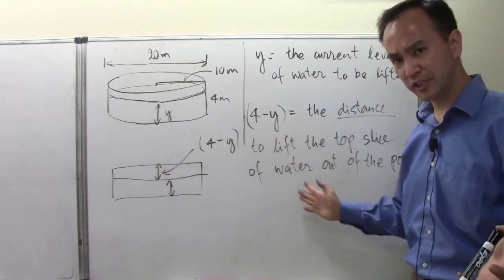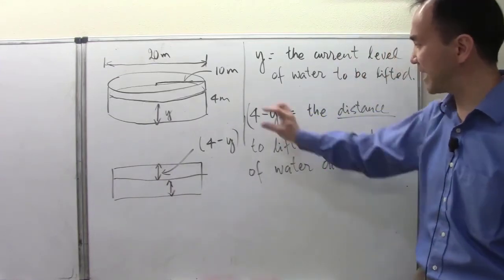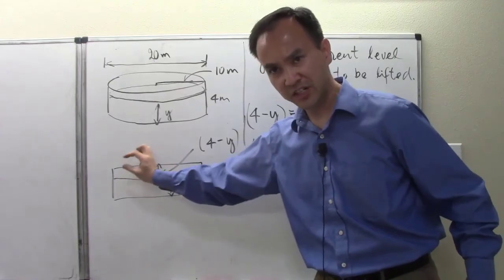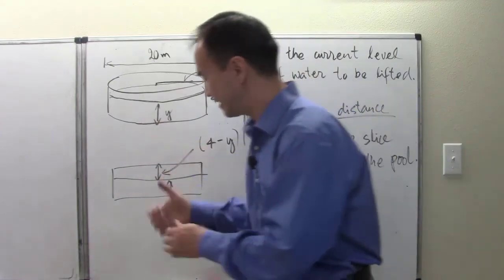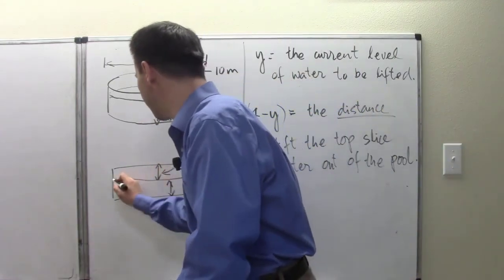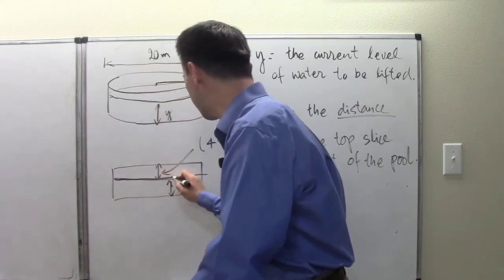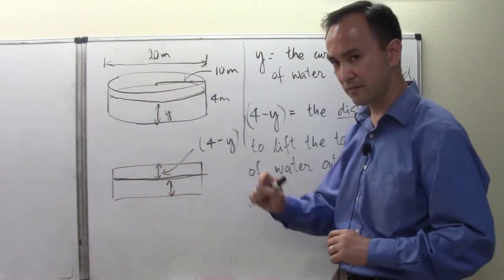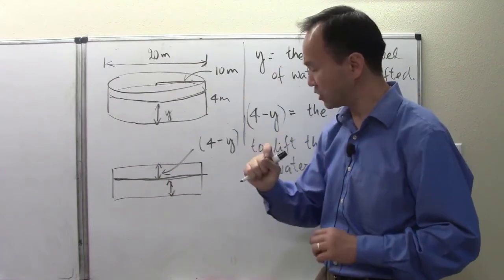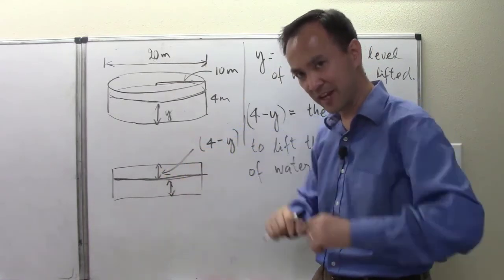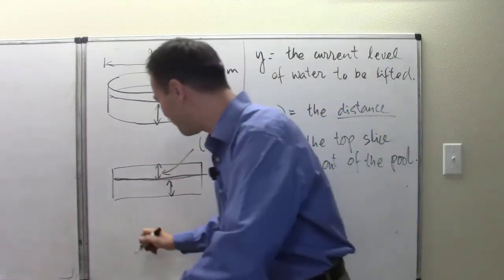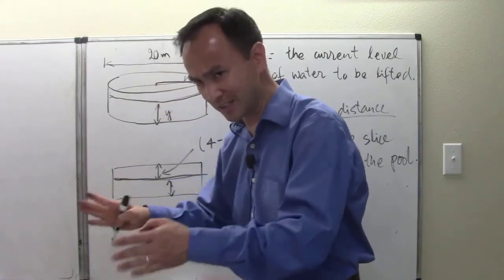Okay, so now we're going to find a way to calculate the volume of each thin slice of water that we're lifting out. Because even though it's very, very thin, it's still going to have a volume. Okay, so volume is thickness multiplied with the surface area. And this time it's just a lot easier.